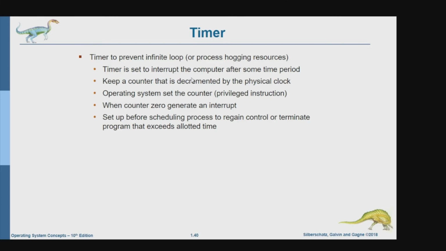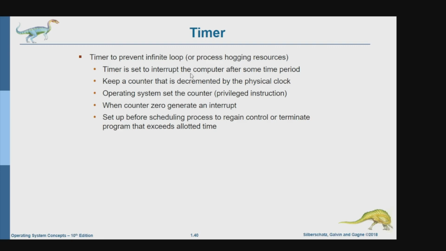So we keep a counter and decrement it by the physical clock. The use of this timer is as a counter. It will decrement the number until it reaches 0. When the counter reaches 0, it generates an interrupt. When the program starts, the timer will count. For example, we put 10: 10, 9, 8, 7, 6, 5, 4, 3, 2, 1, 0, and then it goes to interrupt if the program is still running at that point.